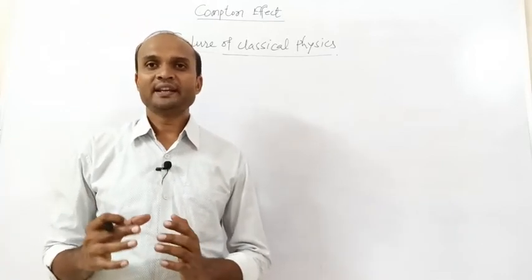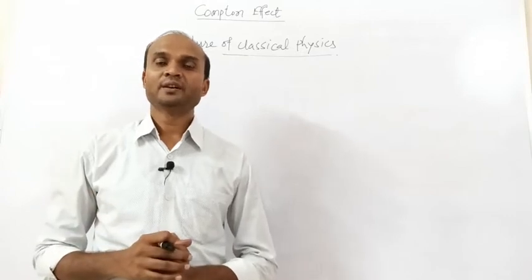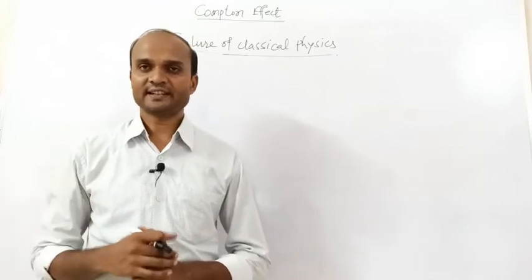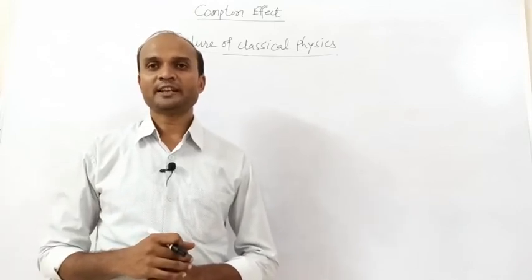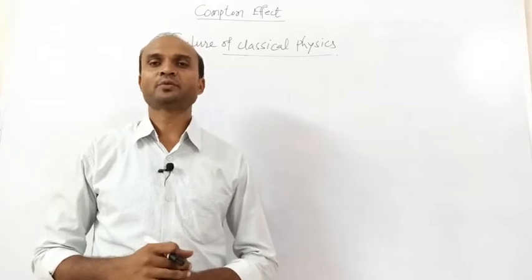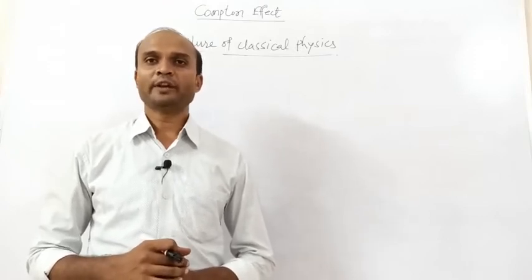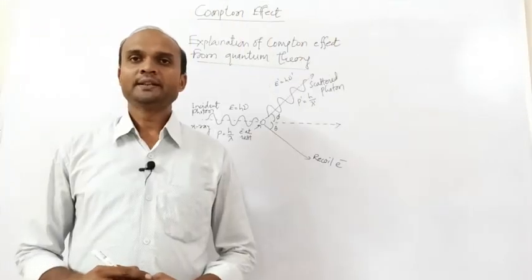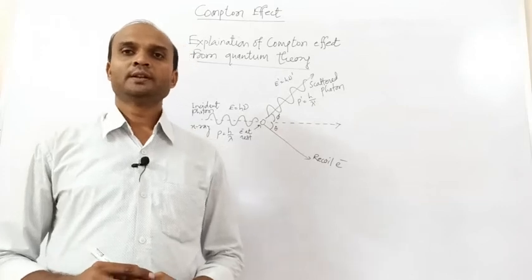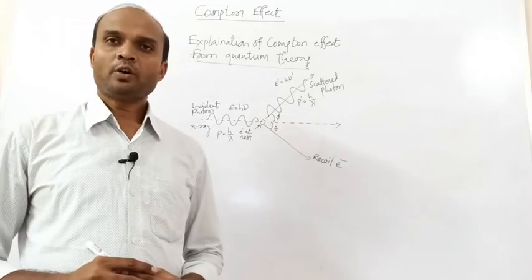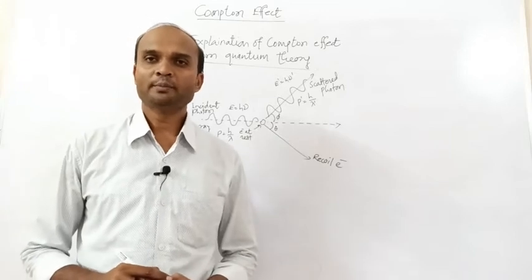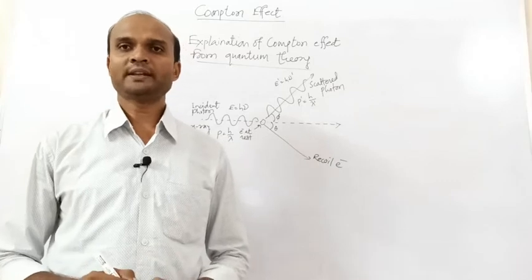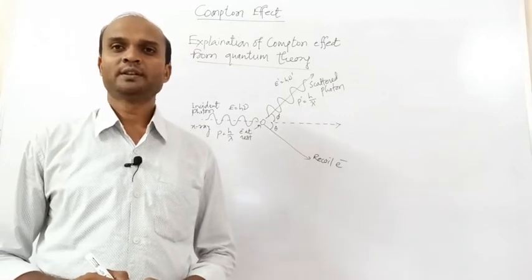And why there is a modification in the wavelength or frequency of the scattered X-rays cannot be explained by classical physics, and that's why classical physics fails to explain the Compton effect. And finally, we have to study the explanation of the Compton effect on the basis of quantum theory, or the quantum mechanical explanation of the Compton effect.